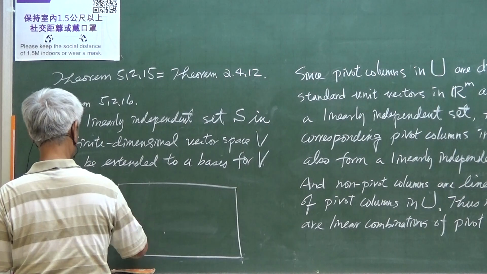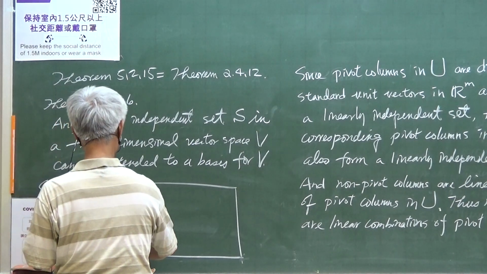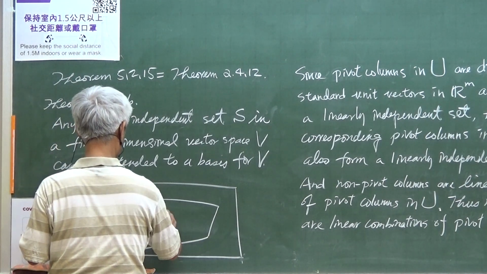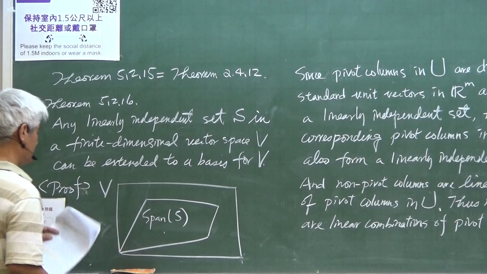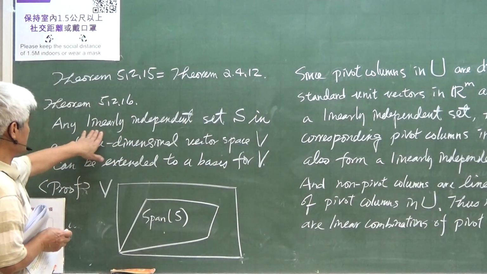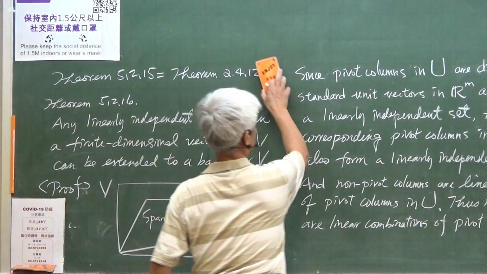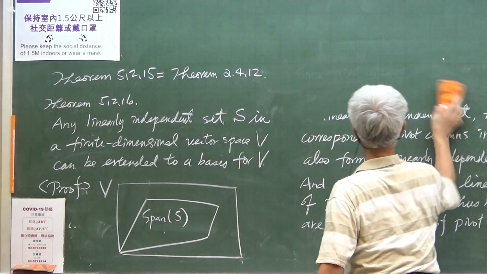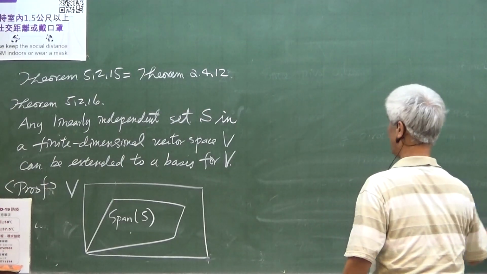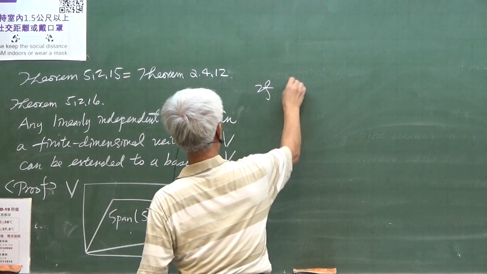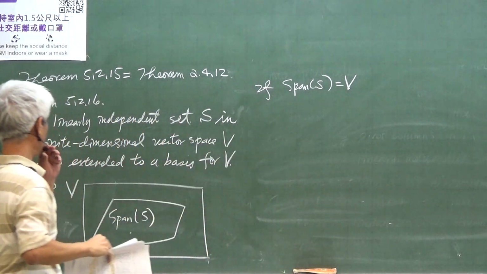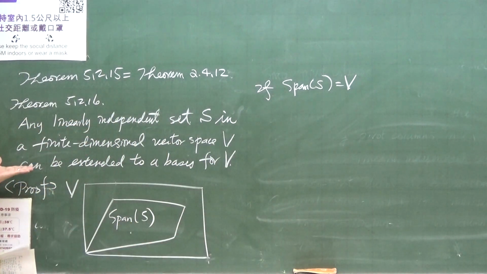This is V, and this is the span of S. S is the linearly independent set.